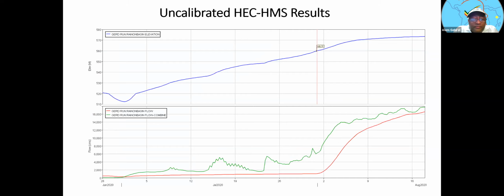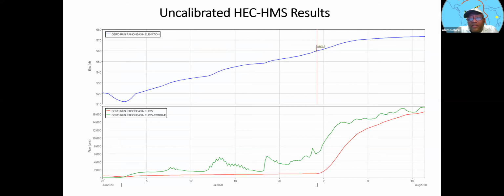This is the hydrograph. You see the elevation of the reservoir on the top, the blue line, and on the bottom you see flows with and without GERD. Like I said, this is not calibrated yet, because we need stream gauge flow information at various locations to have a successful calibrated model that could be used even for several purposes.